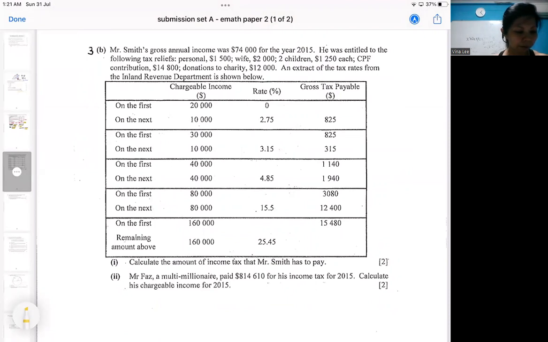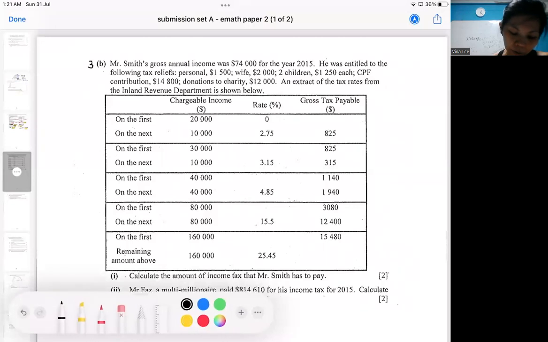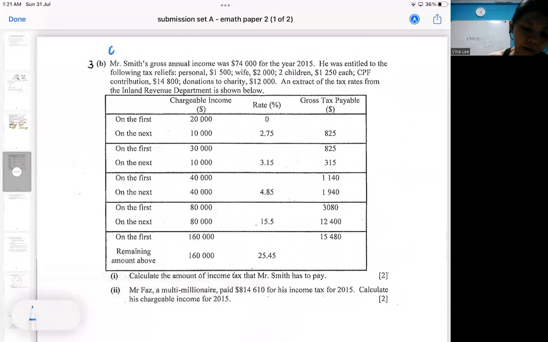So the taxation part. For some of you who are not so sure about taxation, there is this thing called chargeable income. Chargeable income is also known as taxable income. There is this formula you actually need to know: total income minus relief.